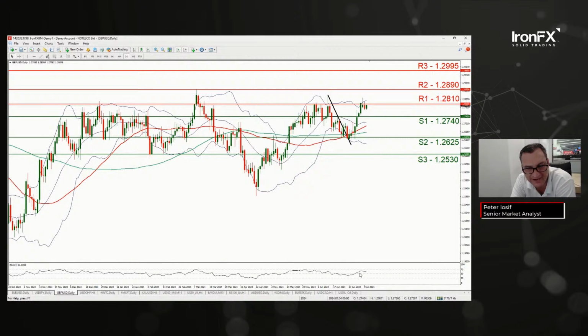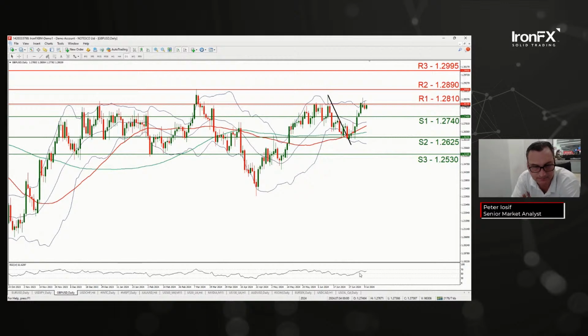I would expect that, fiscally speaking, the UK government may be or may try to be more expansive. And in such case, we may see the pound getting additional support.